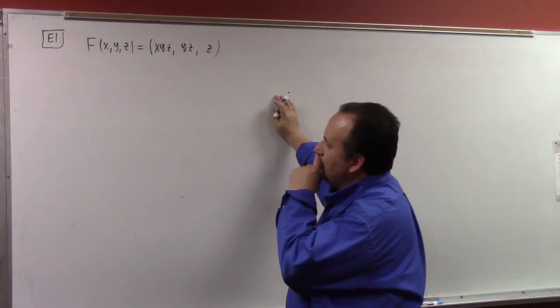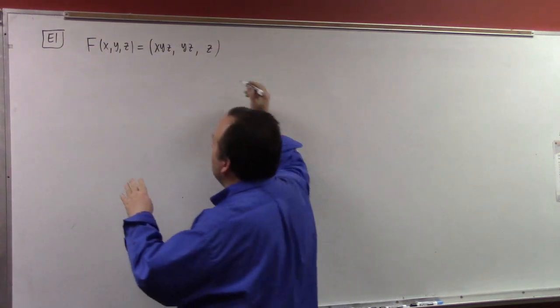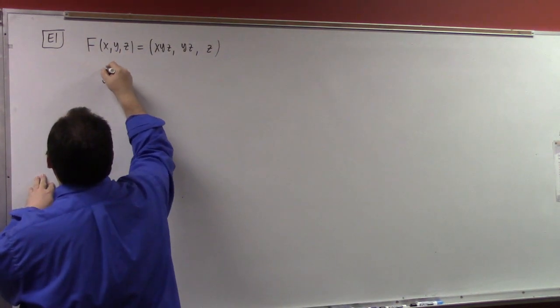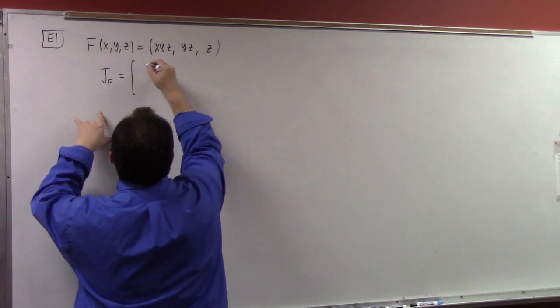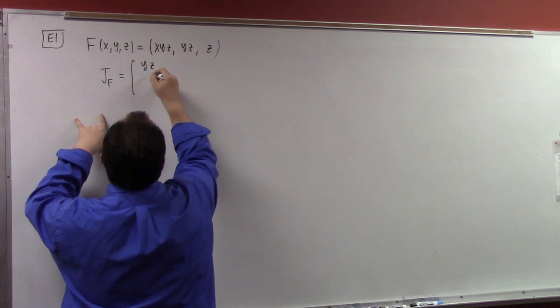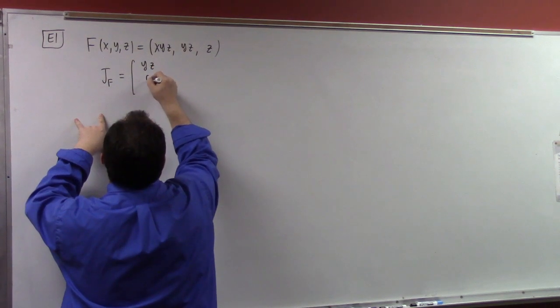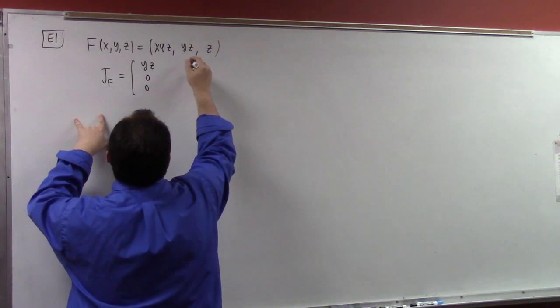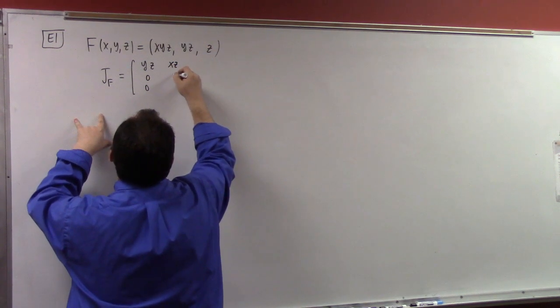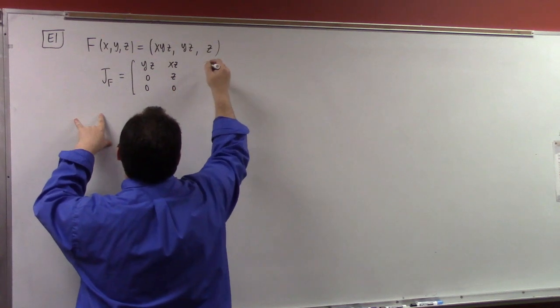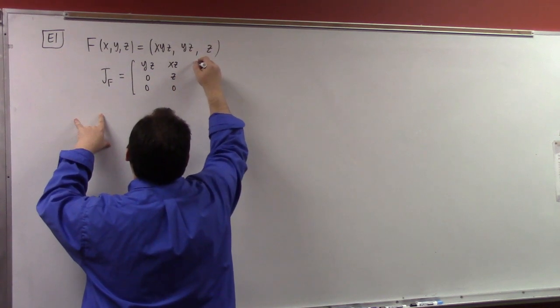Here, the Jacobian, what does it look like? Exactly, yz, 0, 0, and then what we got, x, z, 0, and then, okay.